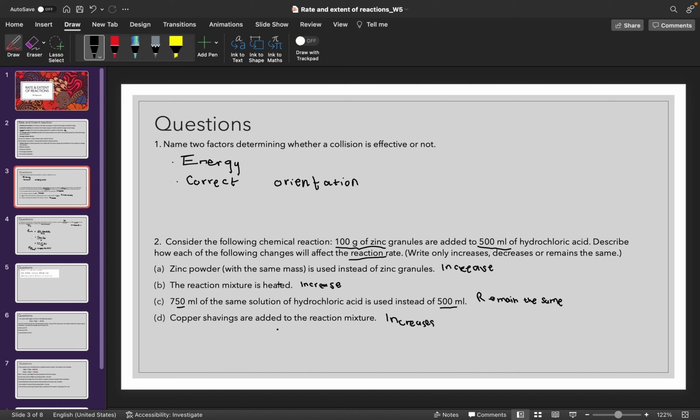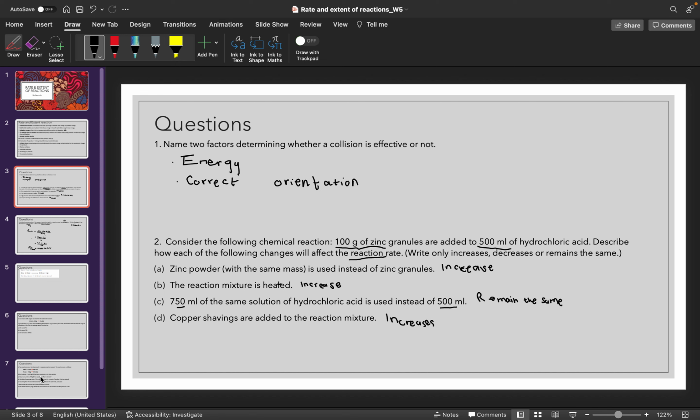It means that it will increase the orientation of the reactant, hence it will cause the reaction rate to increase. So these are some examples of how you can know how the reaction rate is affected, and what determines a good collision and what does not determine a good collision.